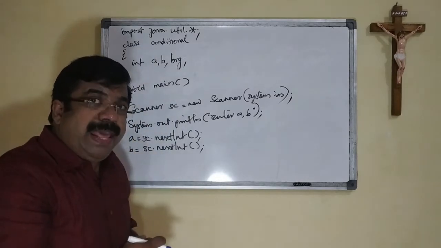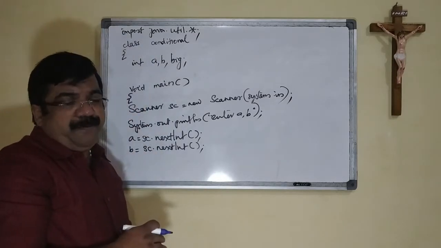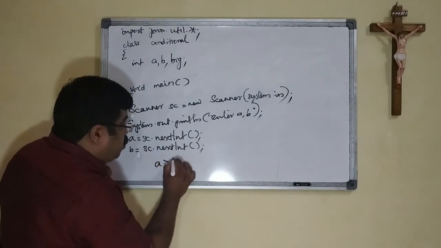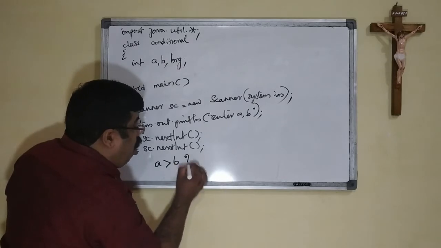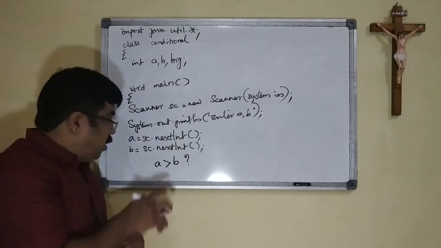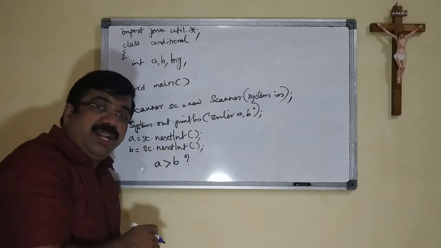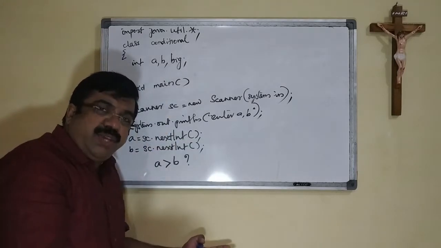Now we have to apply the condition. We are giving the condition like this: a greater than b or not. The question mark is given just after the condition. It is asking a condition, we can say.